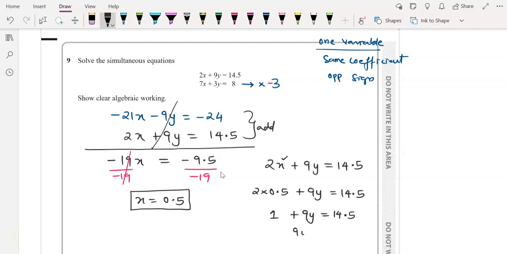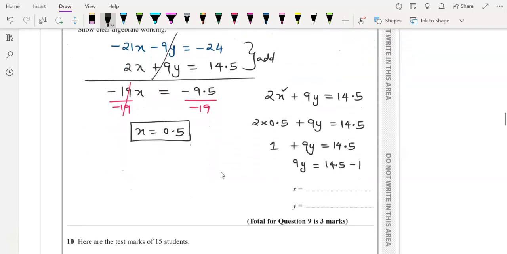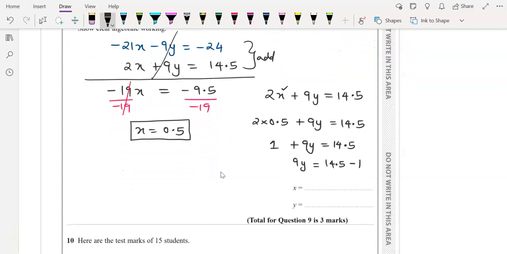So subtract 1 on both sides: 14.5 minus 1 gives me 13.5. So 9y equals 13.5. I don't need the 9, so divide both sides by 9. That will give me 1.5. So the value of x is 0.5 and the value of y is 1.5.